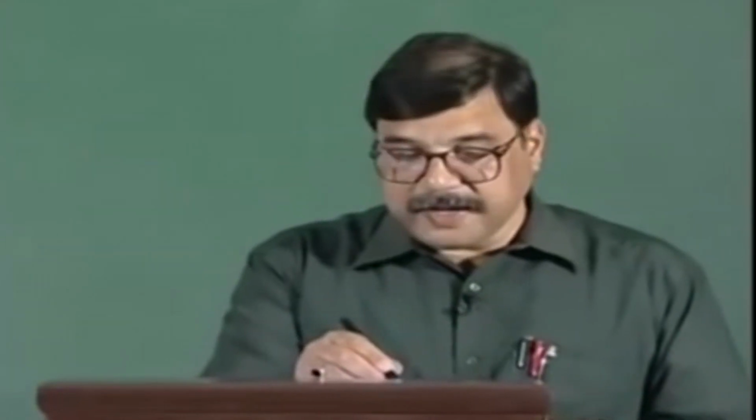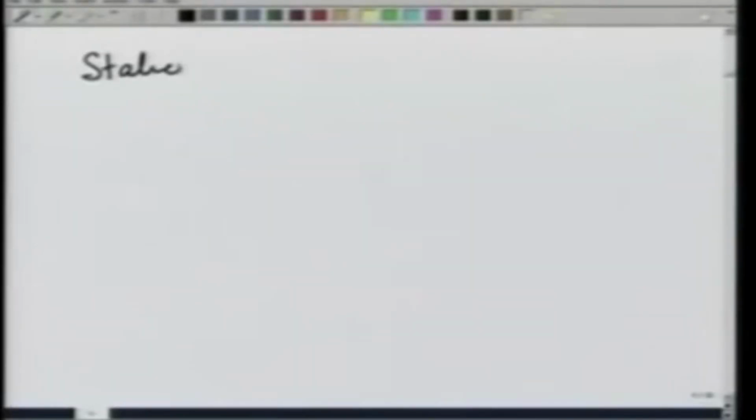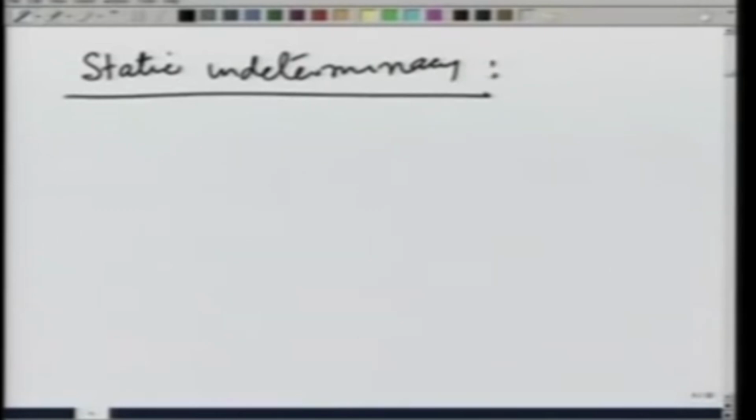Next, a very important thing let me talk about is static indeterminacy. If there is a structure or a body in equilibrium under certain forces and constraints which are holding it together, and the number of constraints is more than the minimum required for equilibrium, then the system is known as statically indeterminate.